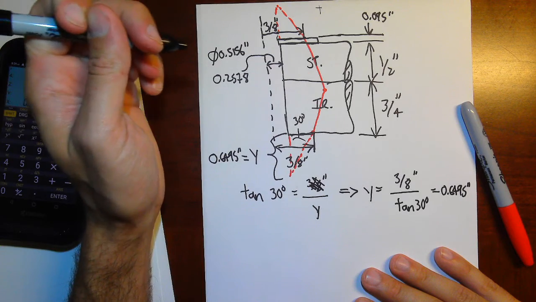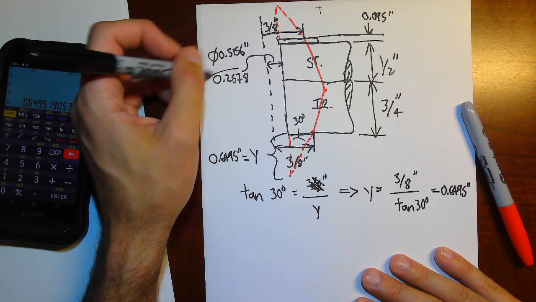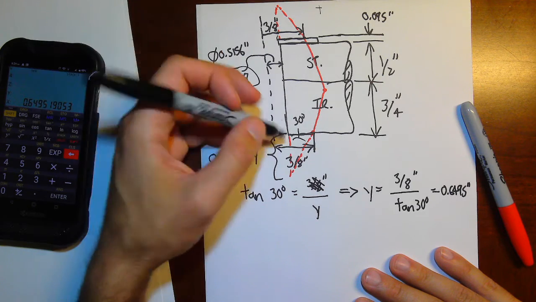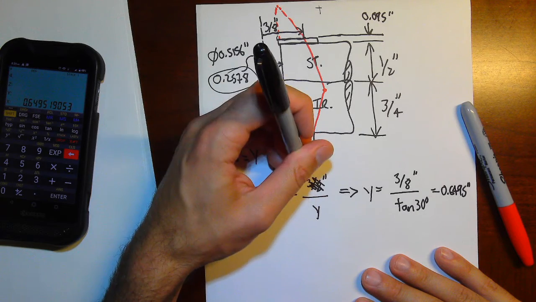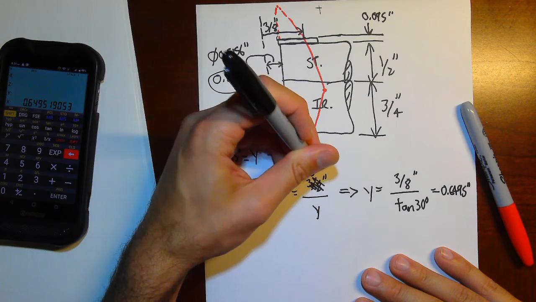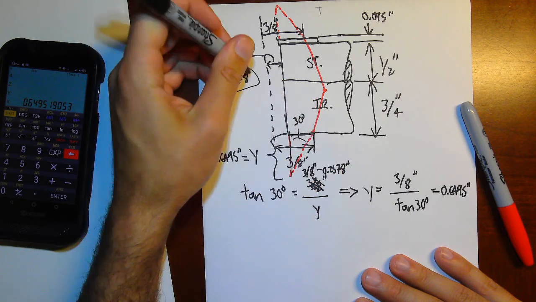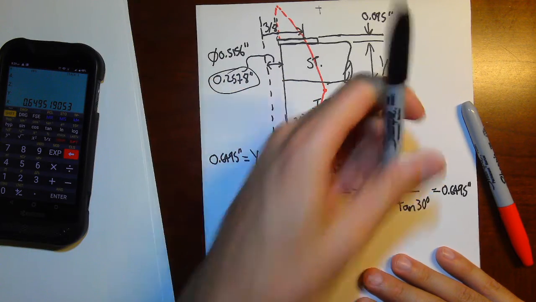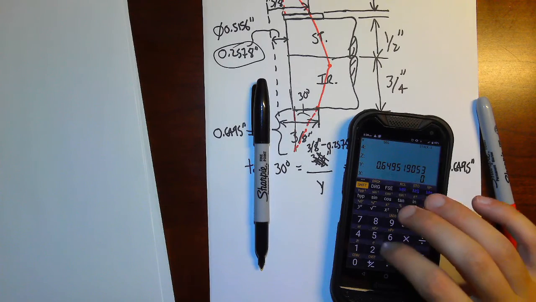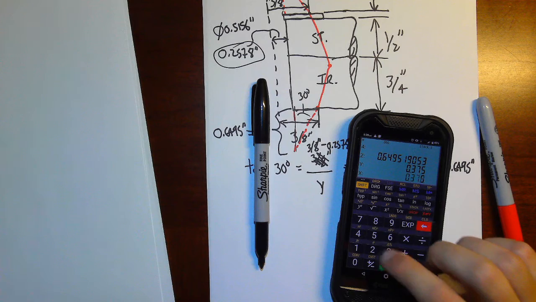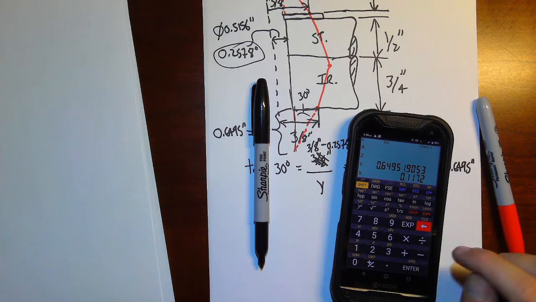Not 3/8 of an inch. So 3/8 of an inch minus 0.2578, because you're not going to the center of the hole, you're going to the edge of the hole. So 3/8 inch minus 0.2578 inches. Uh, 375, 578 minus.